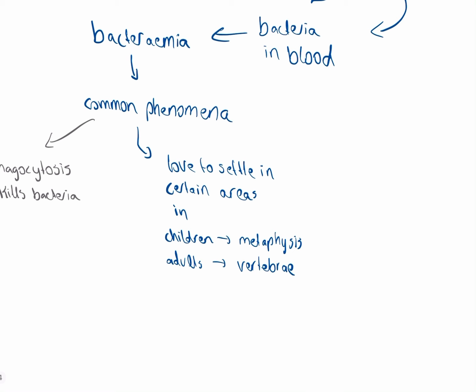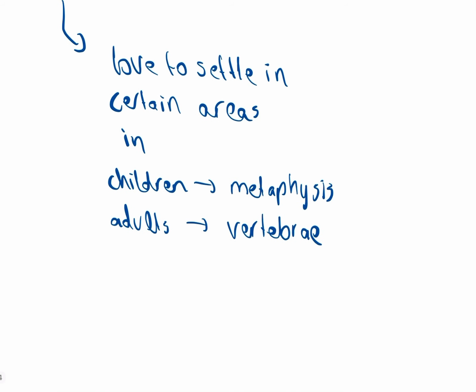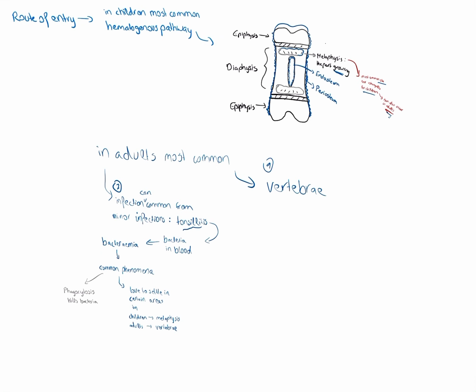Then we have phagocytosis, which kills the bacteria. But if the bacteria still remain, these bacteria love to settle in certain areas: in children in the metaphysis area, and in adults in the vertebrae area. I hope you understood till now what I mean.